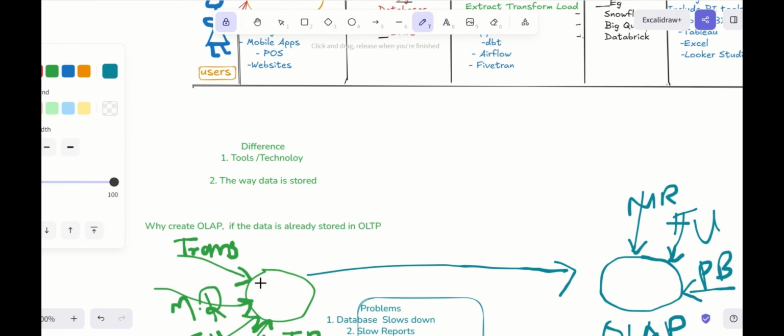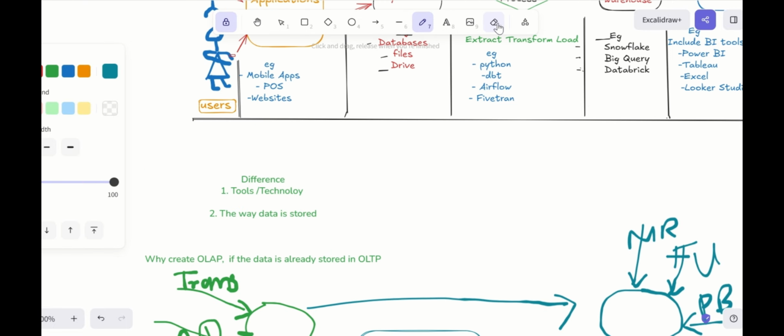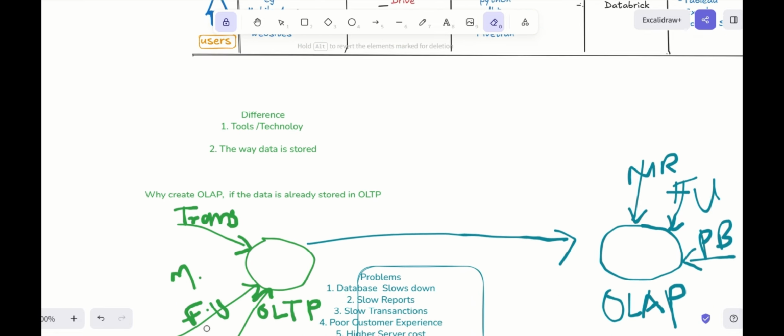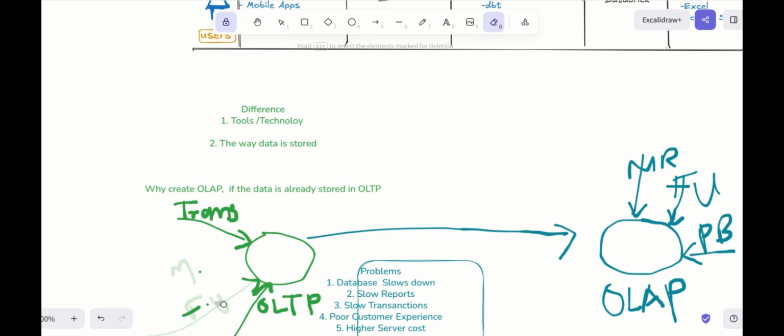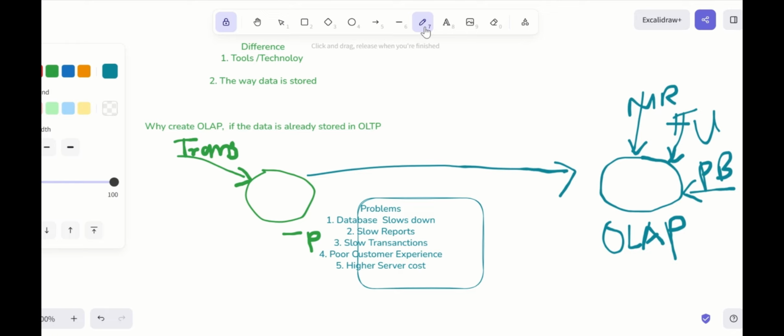And then we leave this system with only the OLTP.